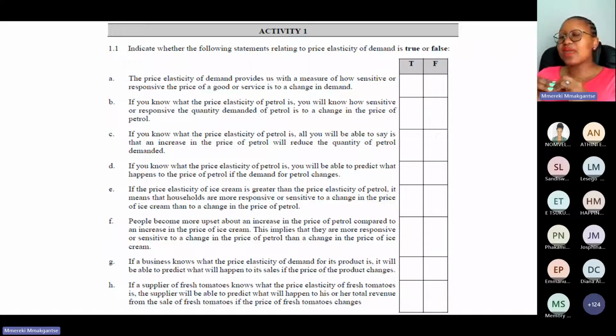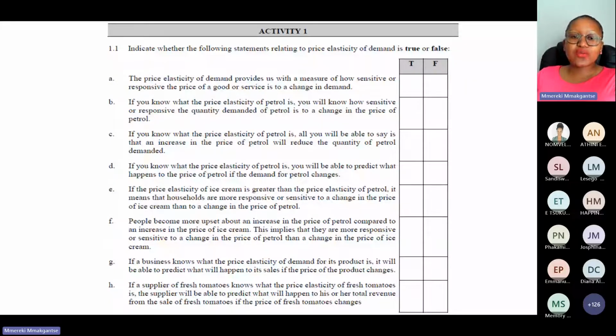Remember the example we made of petrol and ice cream, that if the price of petrol increases, quantity demanded doesn't change as much as if the price of ice cream would increase. Always ensure that you understand price elasticity. So the answer is true.